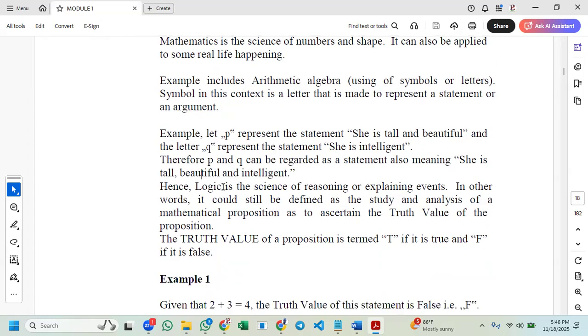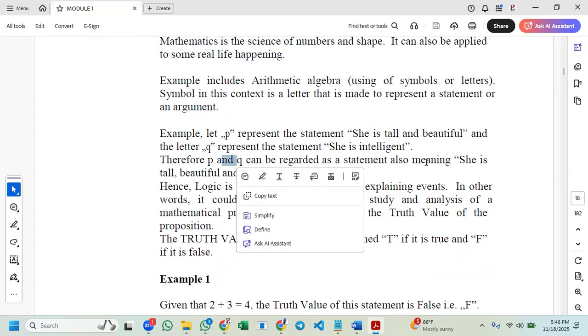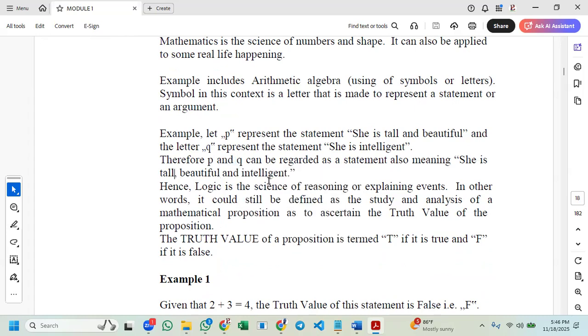So in the exam, they used to ask it like this. They will say, let P be the statement, she is tall and beautiful, and the letter Q be the statement, she is intelligent. They will now say, therefore, P and Q is equal to dash. You see them in multiple choice questions. That is objective. You should know that P and Q will be, she is tall, beautiful, and intelligent.